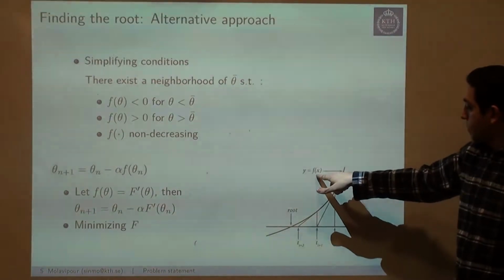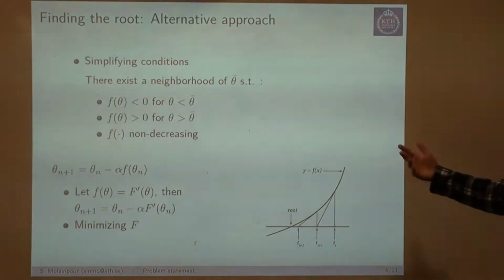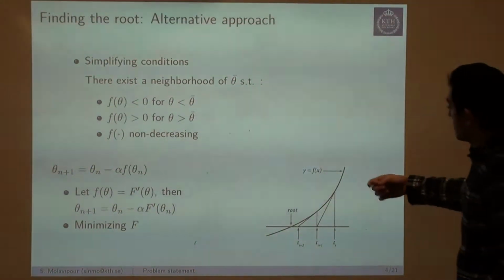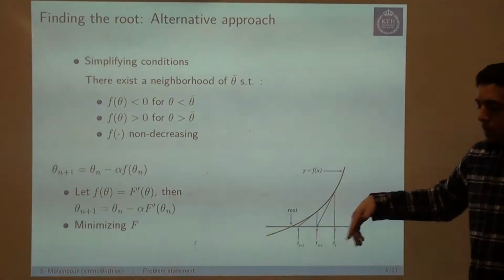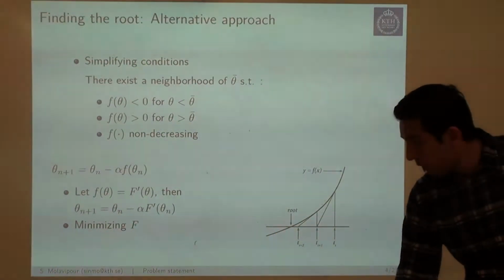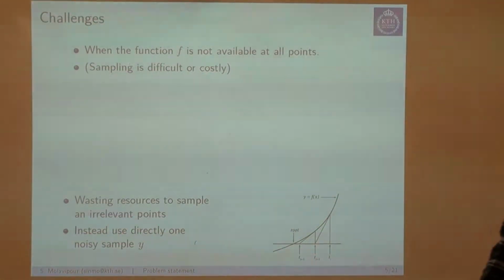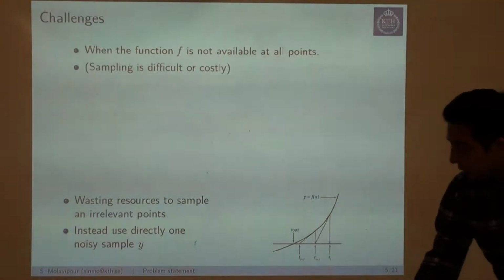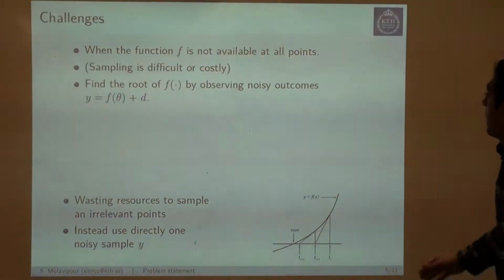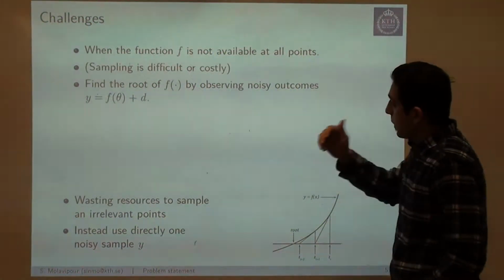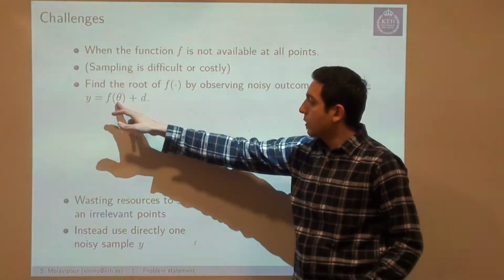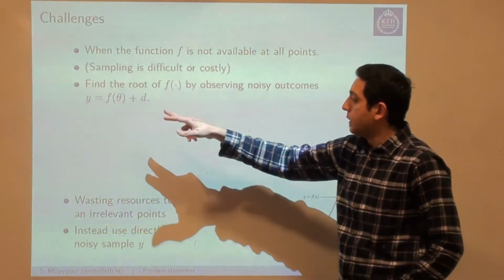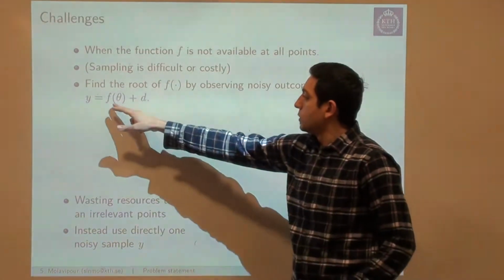If x is an experiment and f is the outcome, and it costs us to take x and run the experiment, we don't want to do that, so we might go for a noisy version of f instead of having f exactly. So the challenge is, let's say, we have noise. When we measure at theta, the outcome would be a noisy version of f of theta, which is y.